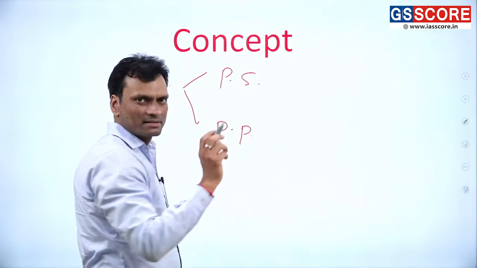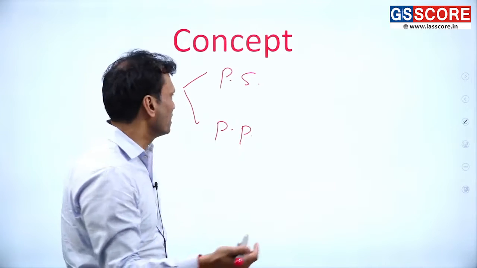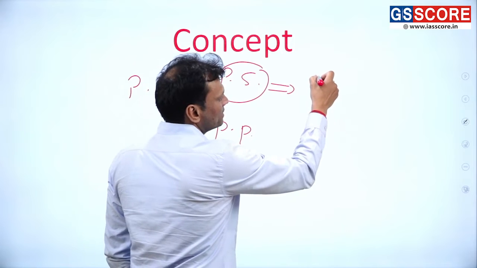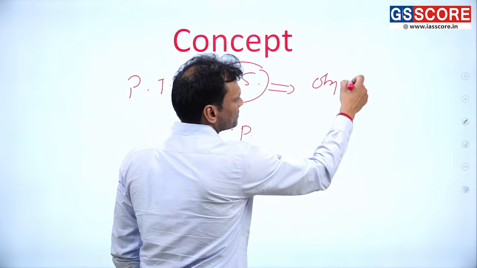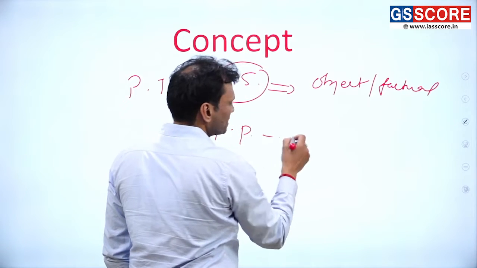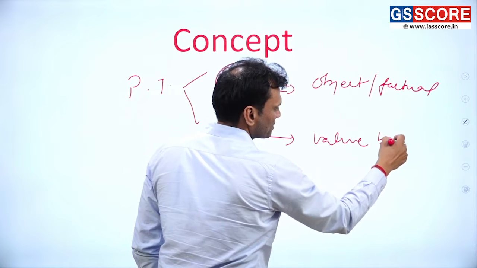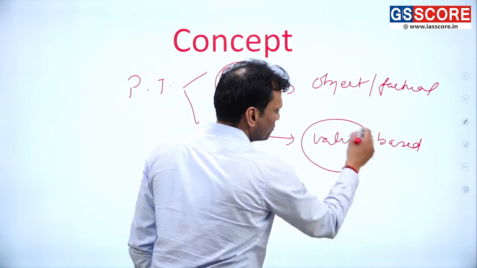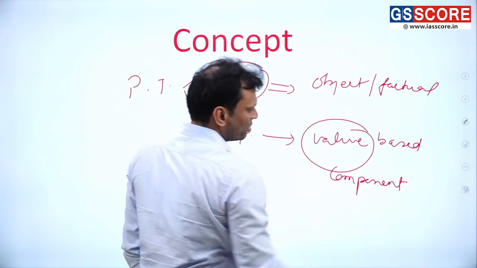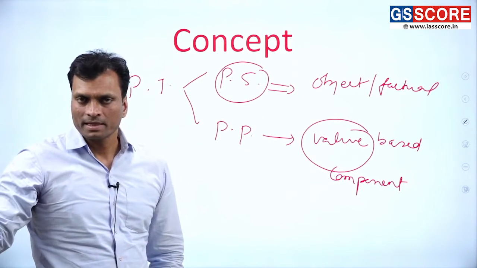Science here is not exactly the political science, the name of the subject you have, or political science here we mean the objective factual component, and political philosophy here we mean the value based, value component of any theory, right?